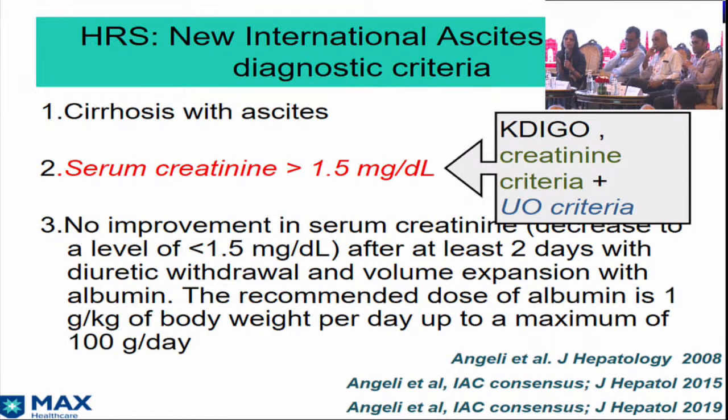We've removed the serum creatinine, and that 2 days waiting period is not necessarily required. What is required is a volume assessment and a good volume expansion, which should be done at least 6 hourly or 8 hourly, and you should see that you reach your targets of volume expansion, especially when you're dealing with stage 2 or 3 AKI, and not wait for those 48 hours.